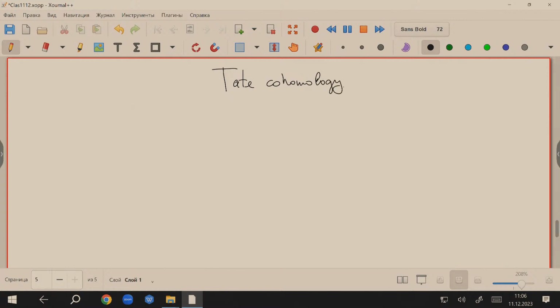Some kind of motivation: in topology, for example, when you consider homology and cohomology, you can do the following. If you have two cocycles, you can multiply them, in order to get a cocycle in higher degree.